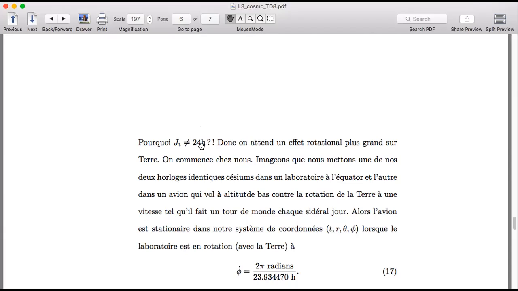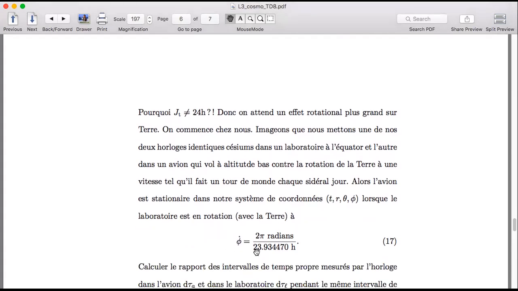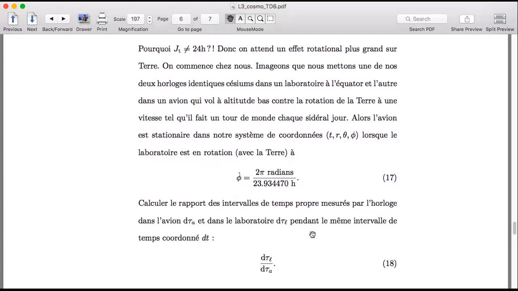It had to turn a little bit more to face the sun again. So when you take that into account, the period of the Earth's rotation is less than 24 hours. Of course, it's very small, but it's interesting to take that into account, and it's not hard, so I wanted you to think about that here.